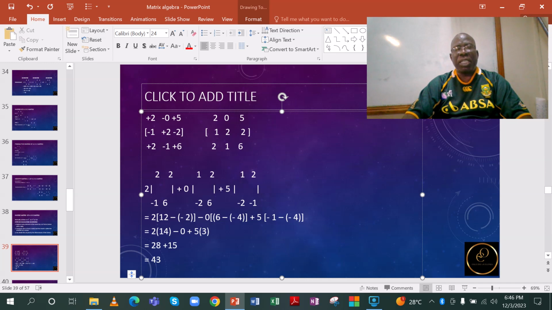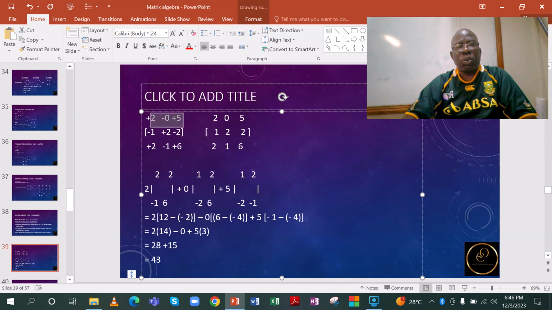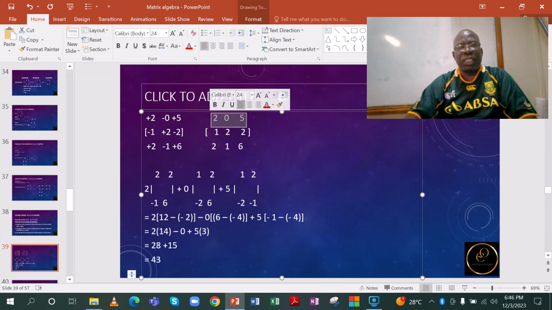Otherwise, the original matrix was 2, 0, 5, 1, 2, 2, 2, 1, 6. So we are looking at having taken the row vector of 2, 0, 5 elements. So 2 is given a positive sign. That's what you have picked. And what is the minor?